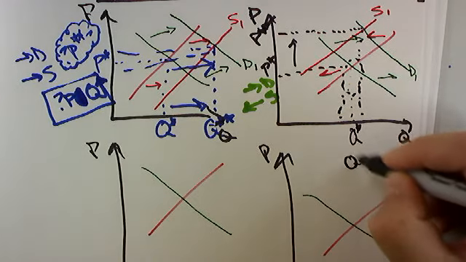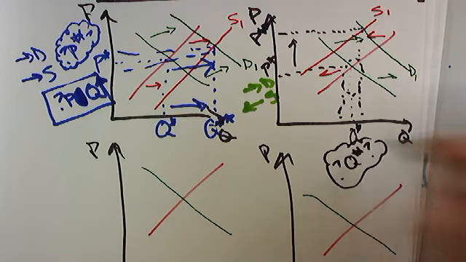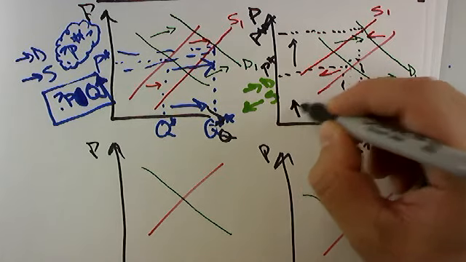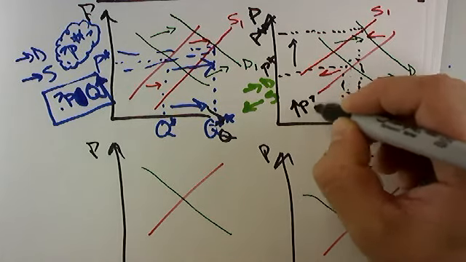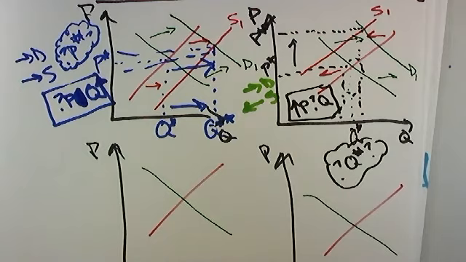So again, that Q star is a little question mark in the cloud. We have no idea what's going on there. So all we know is that the price has increased and that the quantity is ambiguous.